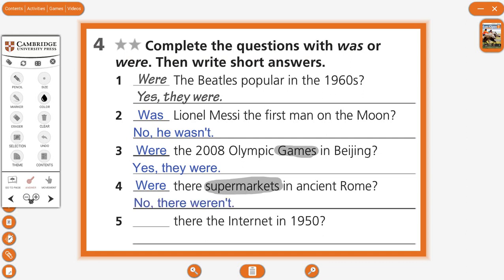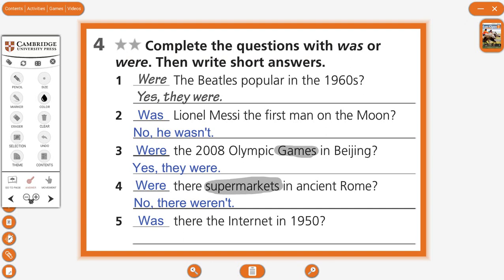Look at exercise 5, please. Blah blah blah. There, the internet in 1950. Was there. That's true. Was there because internet is the singular form. So we have to say was.